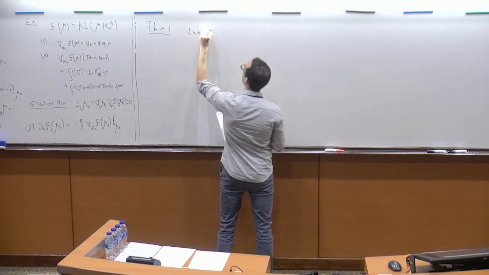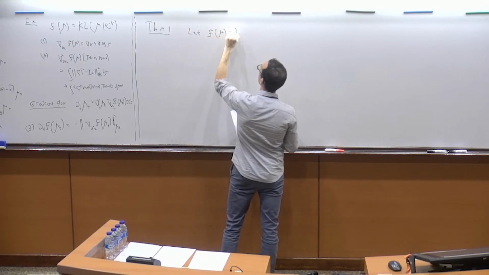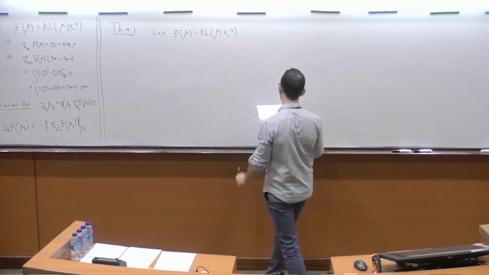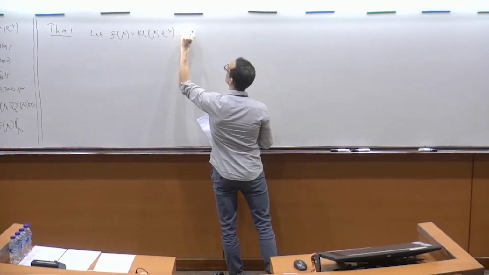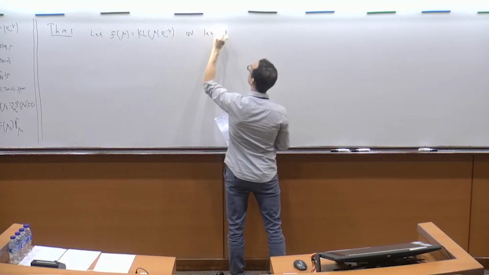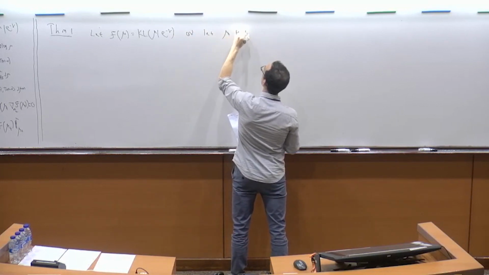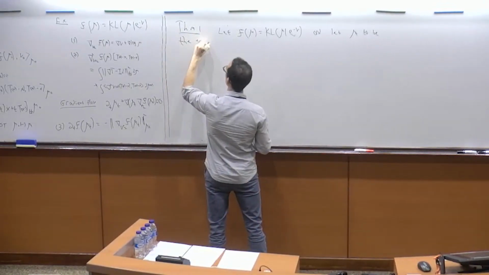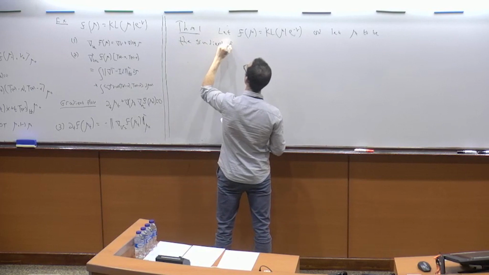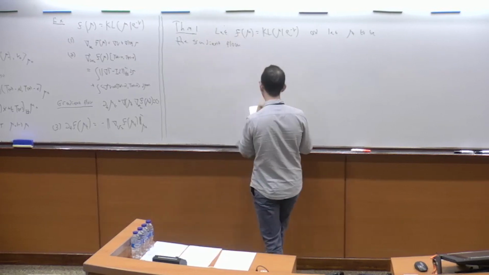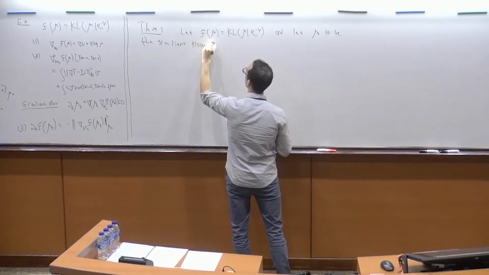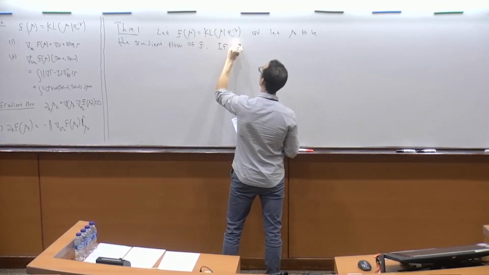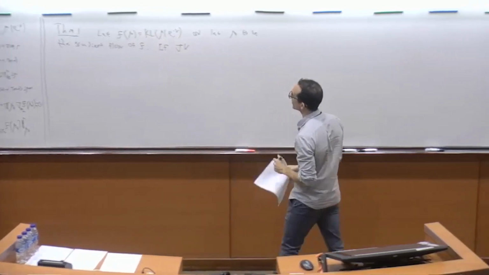So let's take our functional to be the KL divergence. And let's take mu t to be the gradient flow of the KL divergence. So we'll write gradient flow of F. Here is the assumption that we used last time.